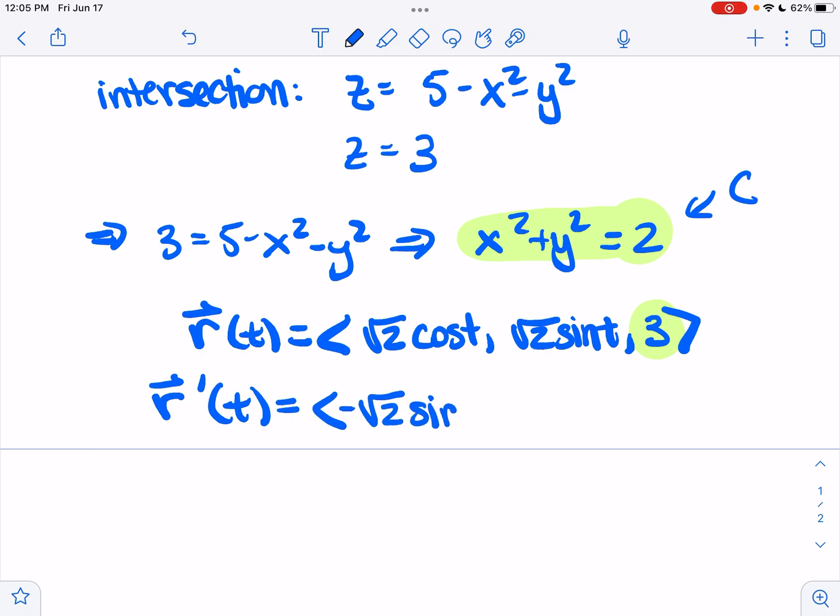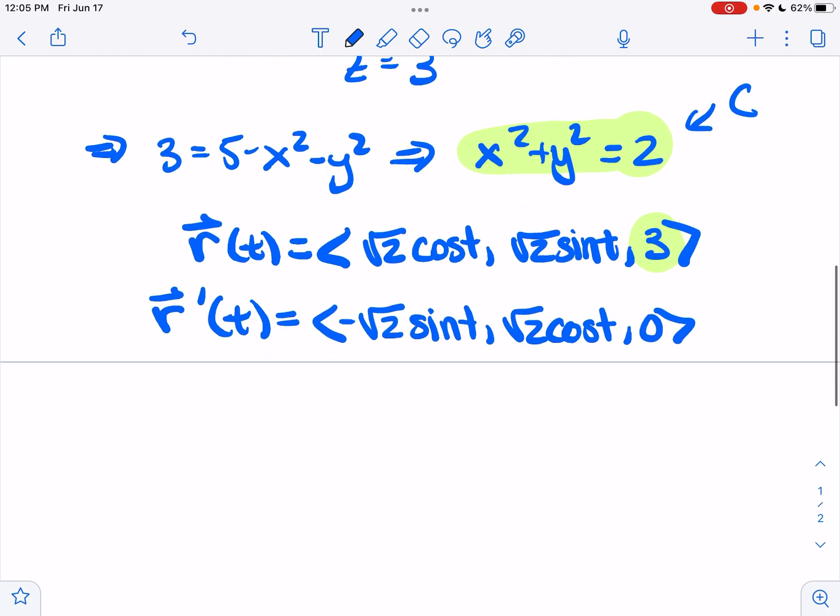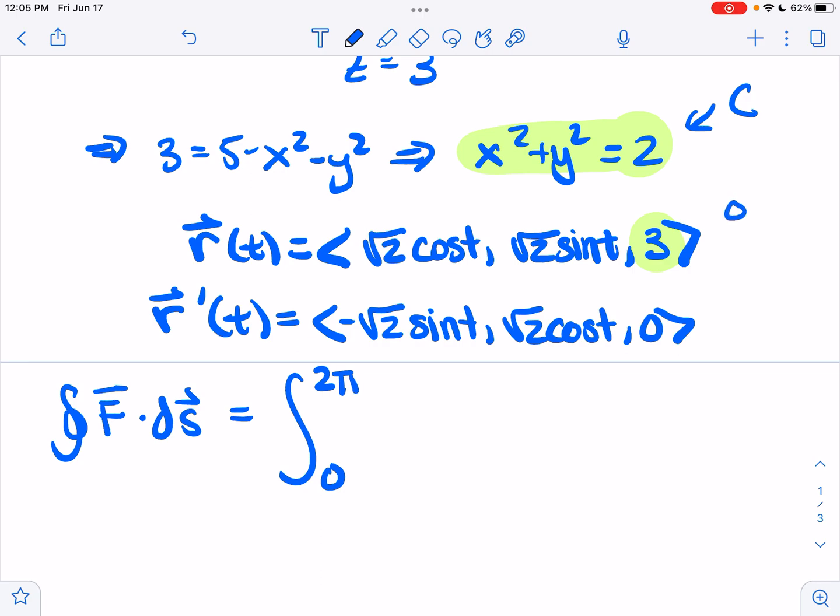So we take the derivative. There's our derivative. The actual line integral is going to be the integral from 0 to 2 pi. That was our parameter domain to go one time around this full circle.